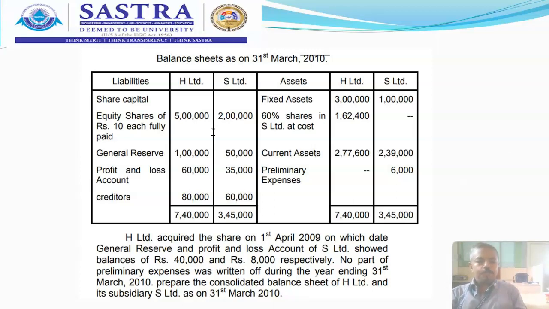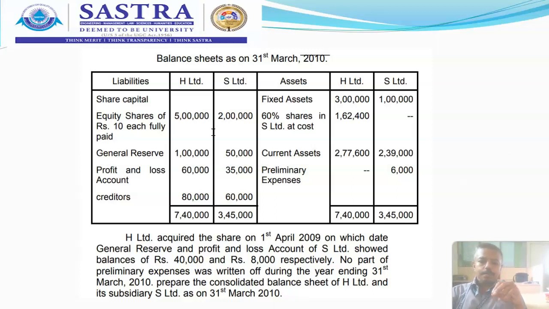Very good. In unit 3, we learned particularly the profit prior to incorporation. The profit gained before the date of incorporation, we can call that a capital profit. When the profit comes after the incorporation date, here in the holding company you can call the incorporation the acquisition of shares.